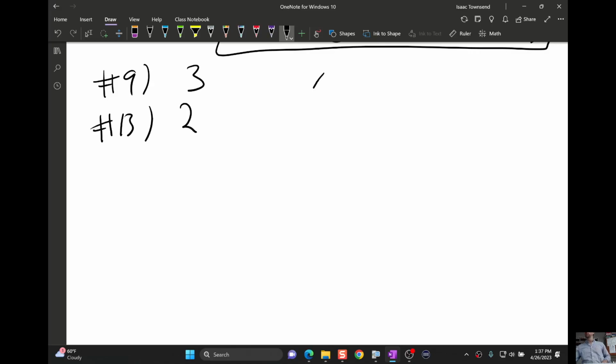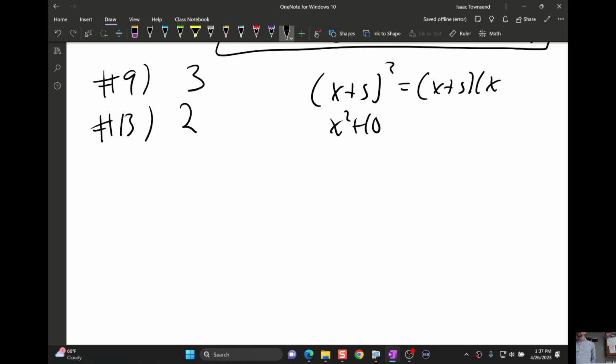There are 2. Be careful not to think that there's 1 because of this. If this is squared, you could take this and multiply it by itself twice, FOIL it out, and then it's a little bit easier to see that there's 2 zeros, 2 solutions. Okay, I assume you guys are okay with that.